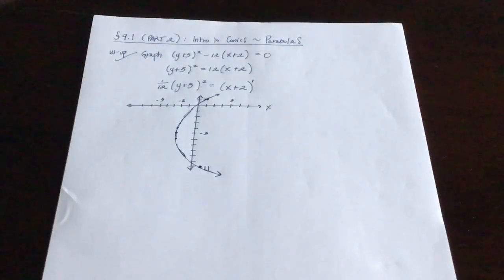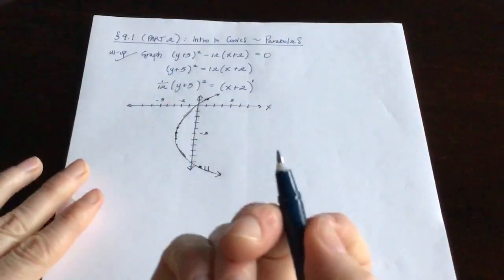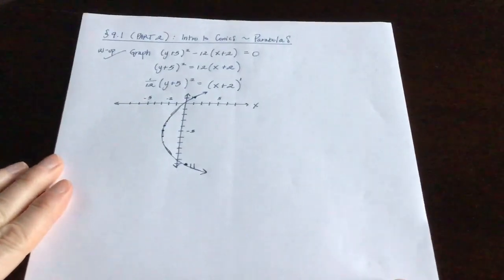Okay, so after part 1, this is something that's supposed to be very doable for you. Now, not really part of the warm-up, but I do want to give you an idea as to what the new stuff is going to be.